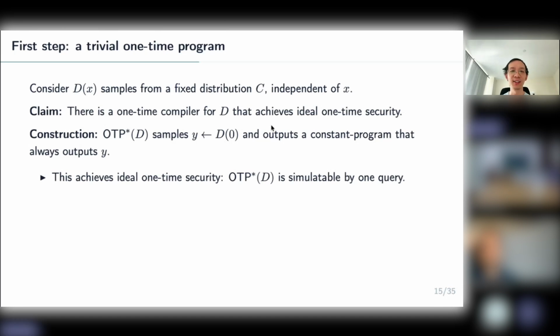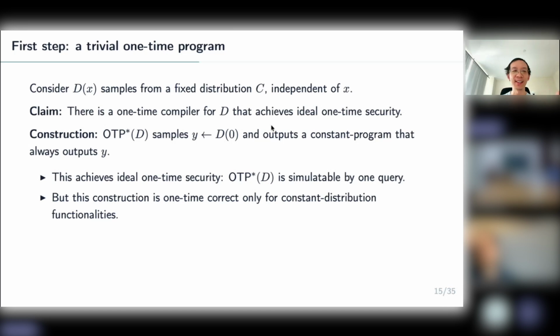On the other hand, this also achieves the strongest one-time security you can come up with, because the entire program description of my output, you can simulate by just having one classical query to D. You can simulate this by querying D on 0, and then output the same constant program. So for this class of functionality, you can actually achieve the strongest ideal simulation security.